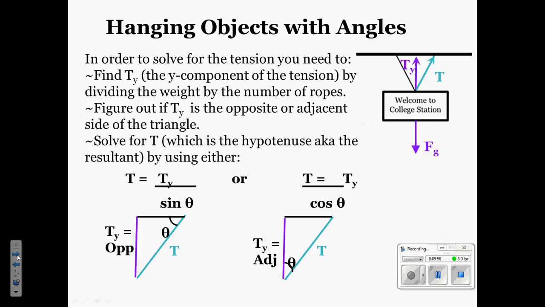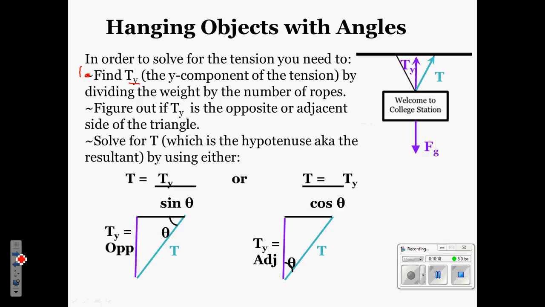So we've got some steps here that we're going to use in order to calculate our resultant. In these particular examples, we're trying to find our resultant. So step one is going to be to find our Ty.